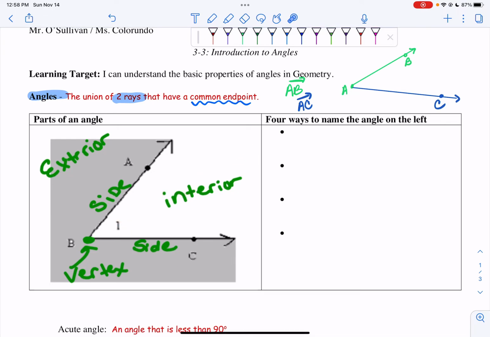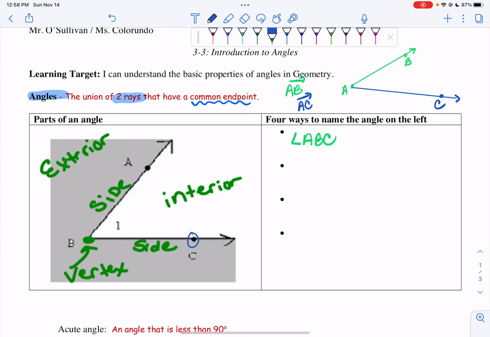Now there are 4 ways to name this angle to the left. We can name it using letters, we can name it using numbers, or we can name it just using one letter. I'm going to name it using letters first. So if you look, I can tell that this is my angle right here where I'm opening. So I can start at A, go to B, and end at C. So I can say I have angle ABC.